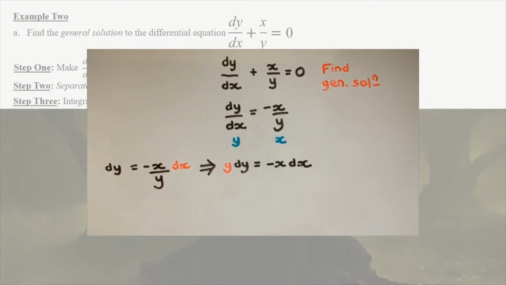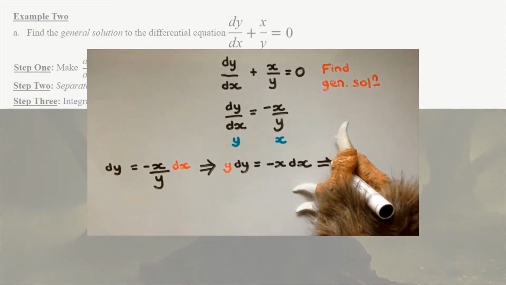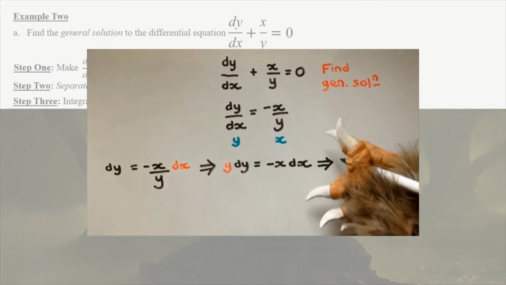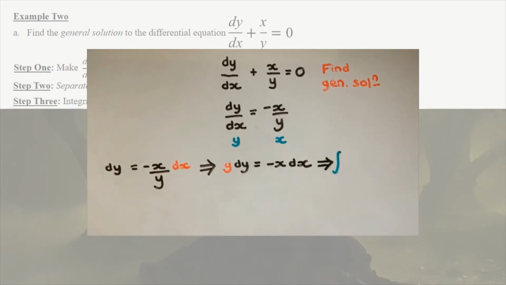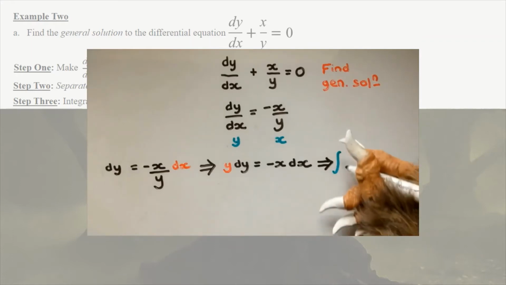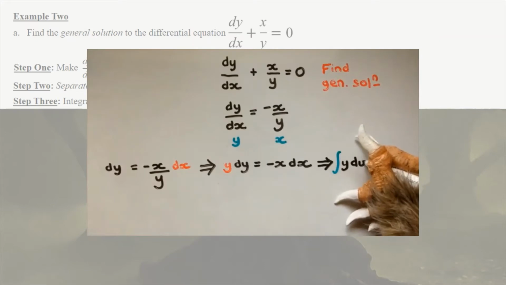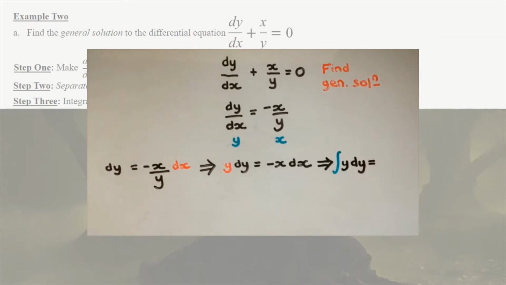Let's just add some integration signs. So this will be the next step. So we're going to integrate y with respect to y, so y dy, and that's going to equal the integral of negative x.